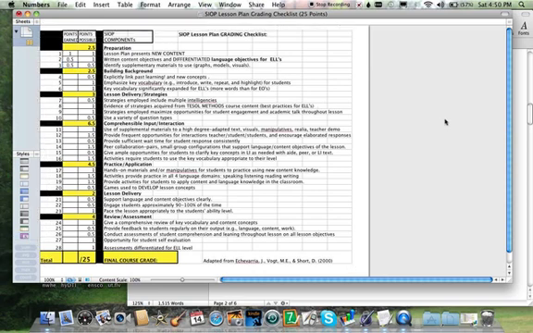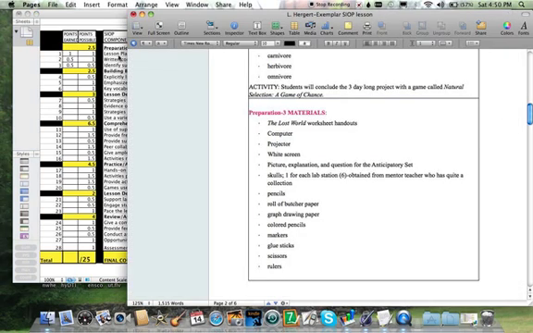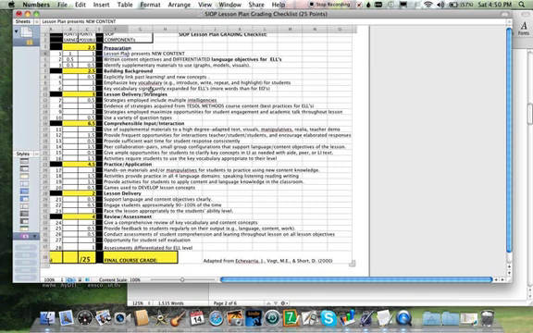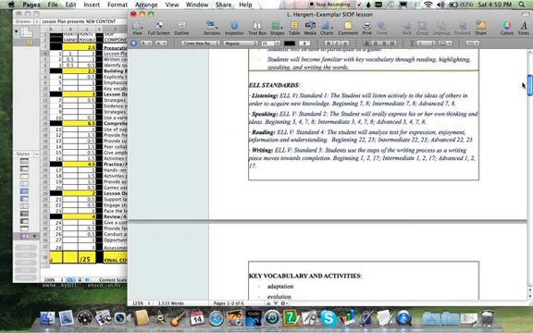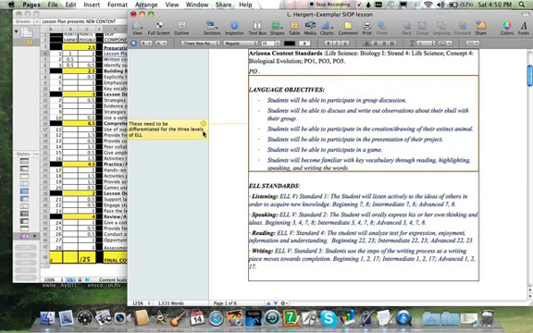So I think that this should be clear enough to you that your job is to very explicitly evaluate the lesson for each one of the components listed on the checklist, the SIOP lesson plan grading checklist, and you will explicitly indicate to your colleague whether or not the component is completely evident, or if it is not evident, to point out to your colleague exactly what needs to be done.